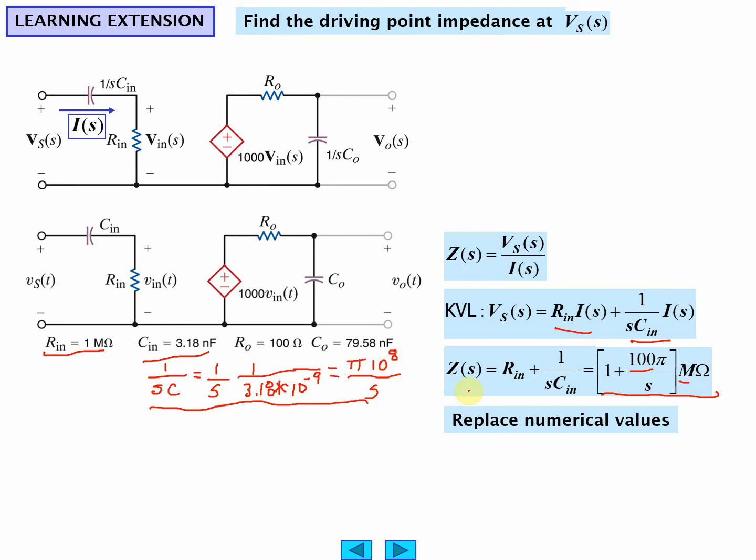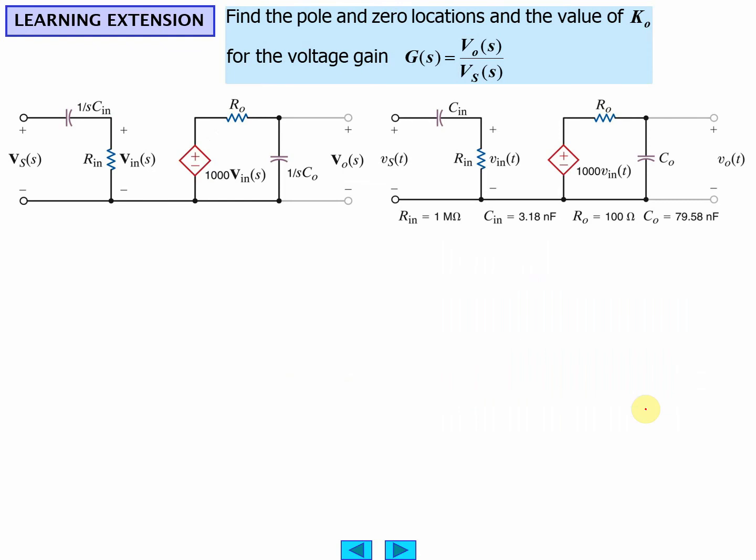Pi times 10 to the 8th over S, by the way, is 100 times a mega ohm times pi over S. Okay, that's the input impedance. So poles and zeros, and K naught for this expression.